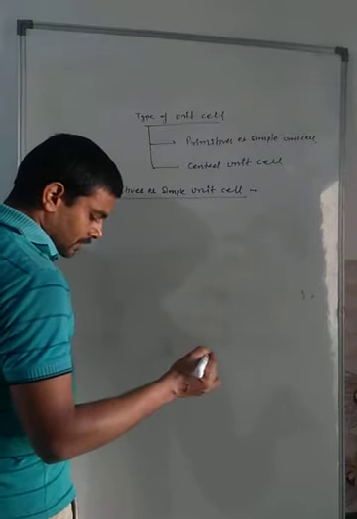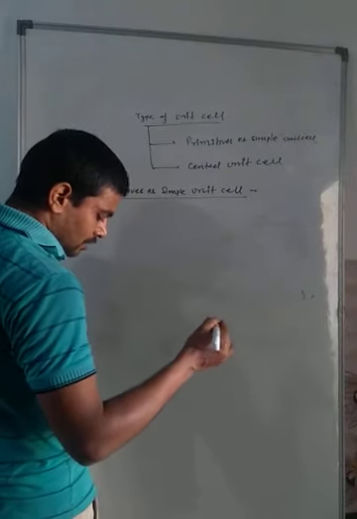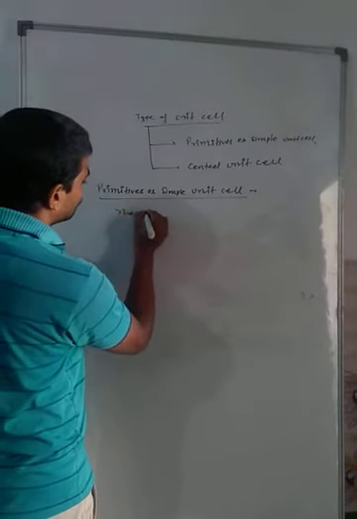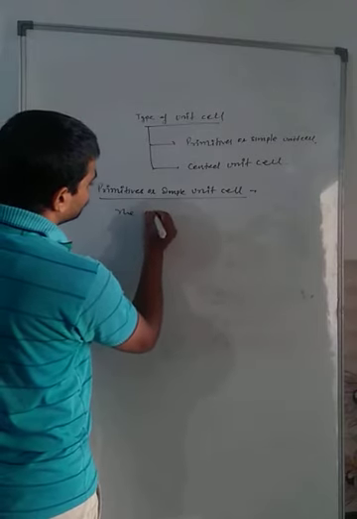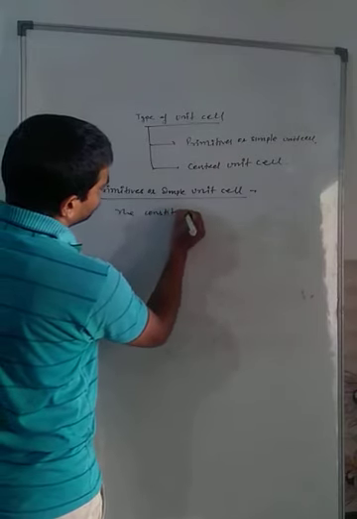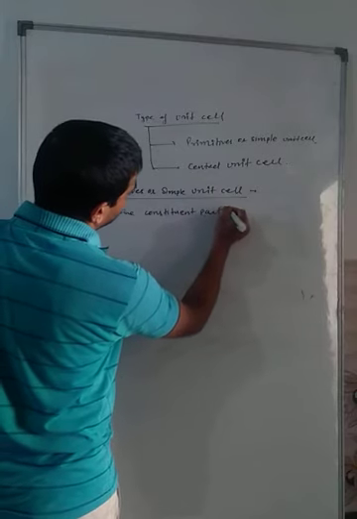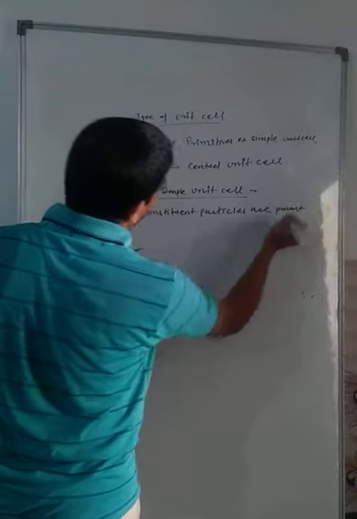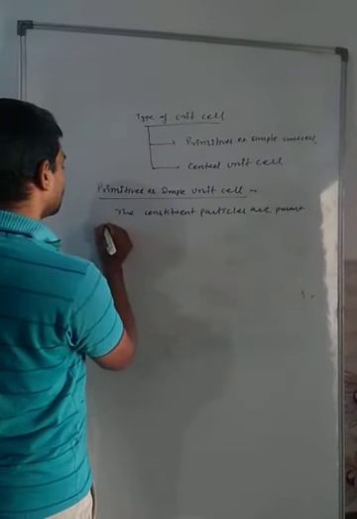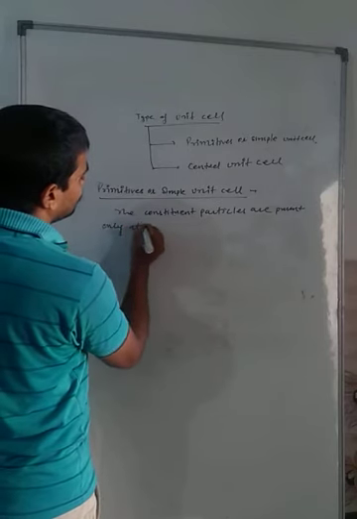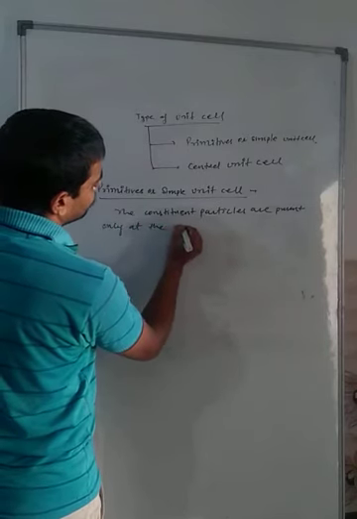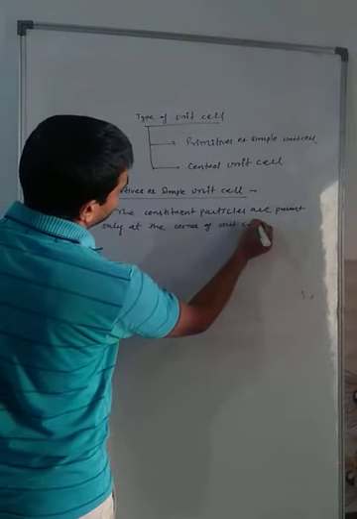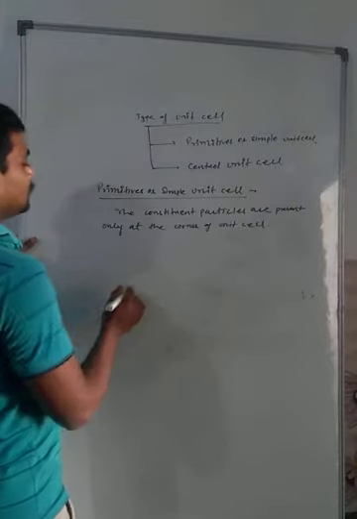The constituent particles are present only at the corners of the unit cell, called primitive or simple.